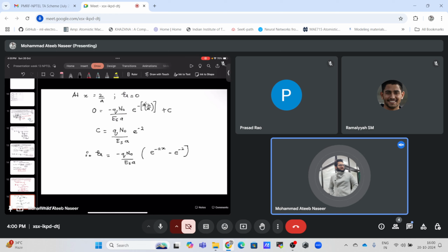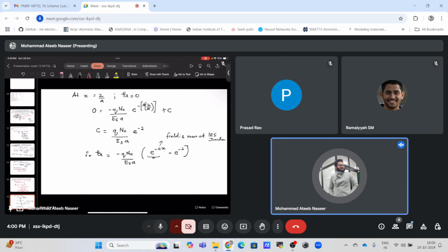That's why we have obtained the positional variation of this field, and you can clearly see that at x equal to 0, that's at the metal semiconductor junction, the field will be maximum. You can validate this from this expression, and at x equal to minus 2 by a, this will go to 0.